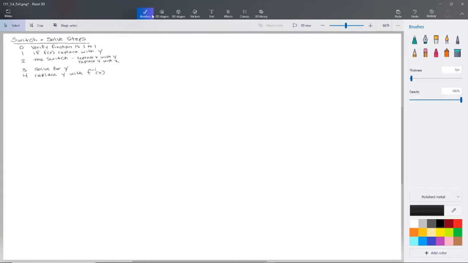So I'm looking at example 5 on page 279. Part A says f of x equals 2x minus 1 divided by 3. Okay, so let's get into our switch and solve steps. Step 0, verify the function is one-to-one.